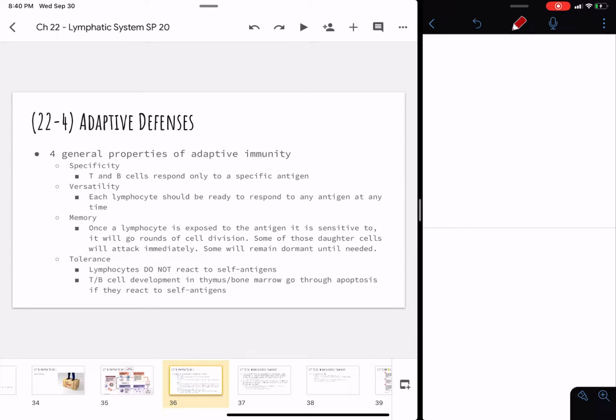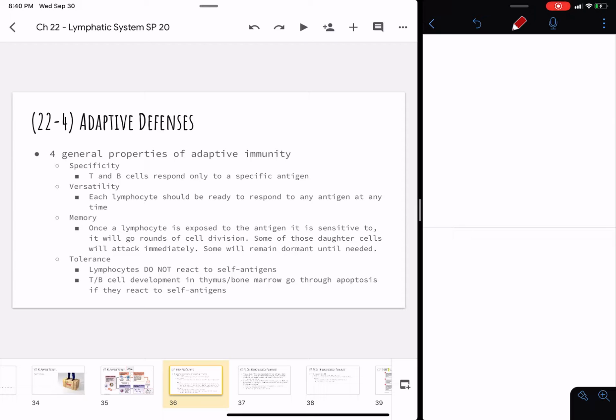Whenever we're talking about the adaptive immune response, we have to think about a couple of key factors. First is specificity. If that T cell was floating around looking for that antigen, but for whatever reason the antigen was on a receptor that wasn't readable by the T cell, then this entire process would be useless.